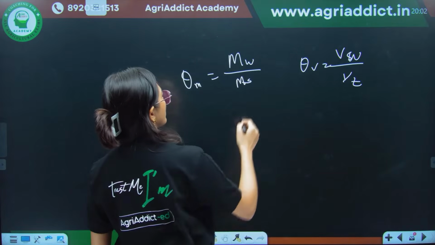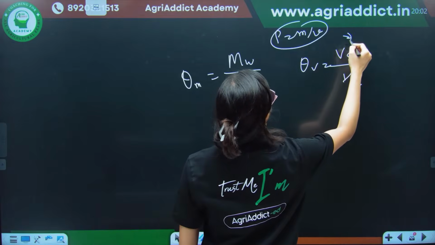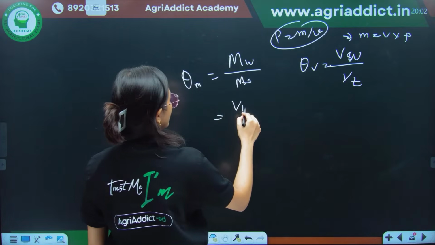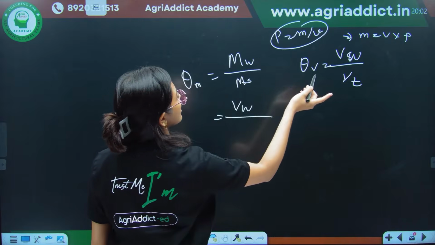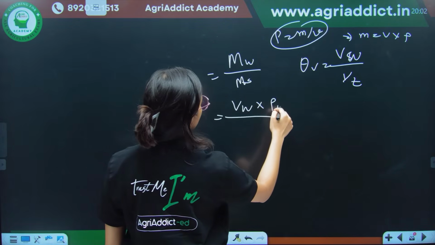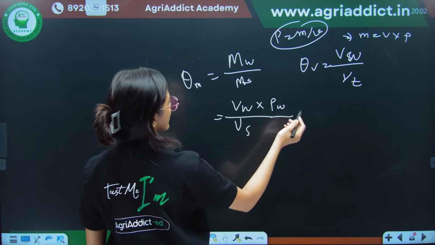Now, we know that density is equal to mass by volume. So, mass is equal to volume into density. So, here we can write volume of water into density of water divided by volume of soil, or you can say total volume.